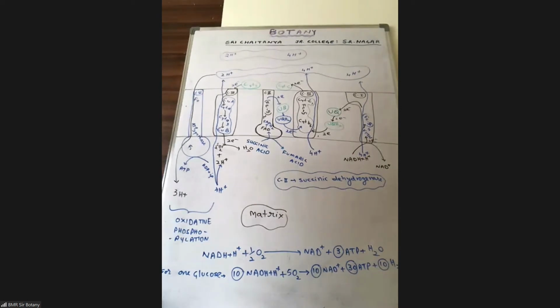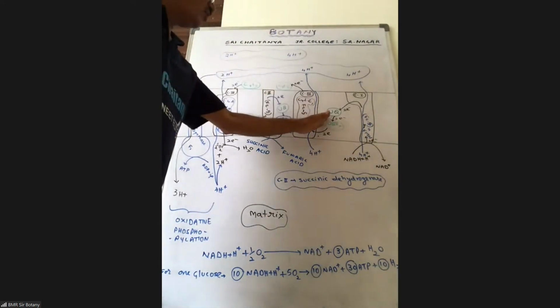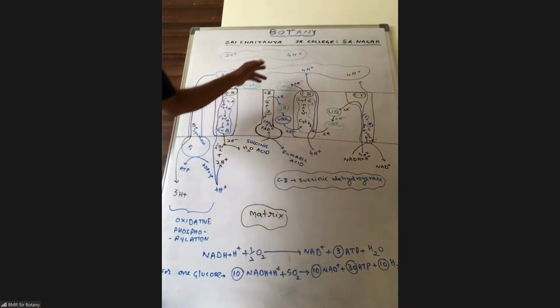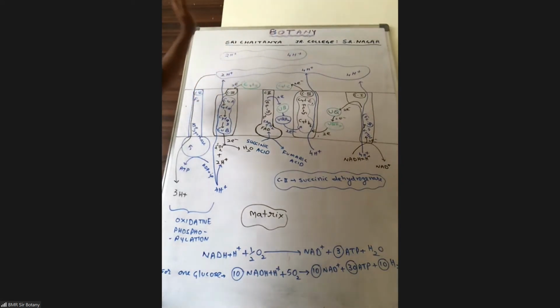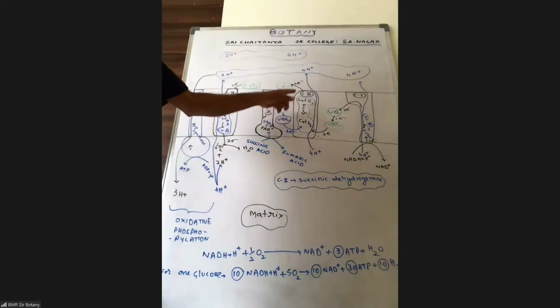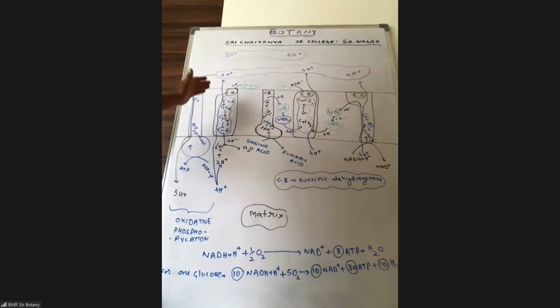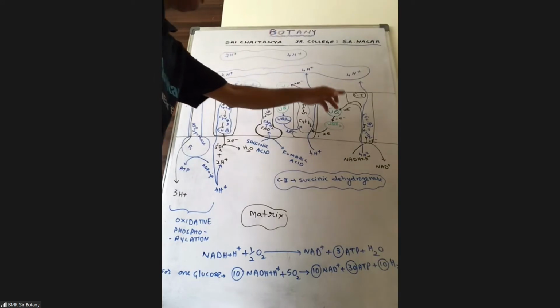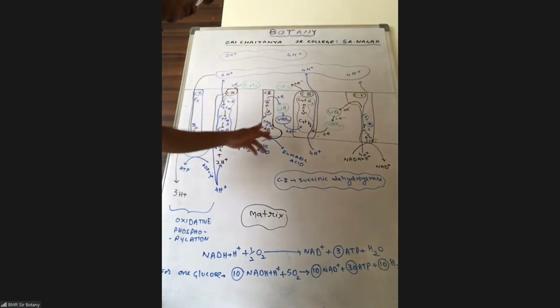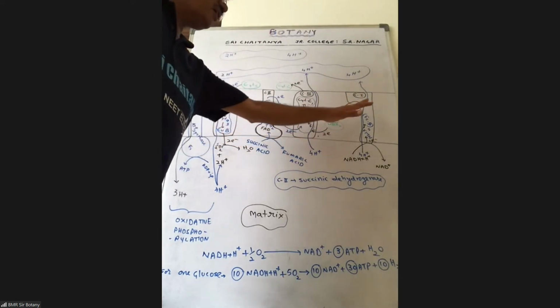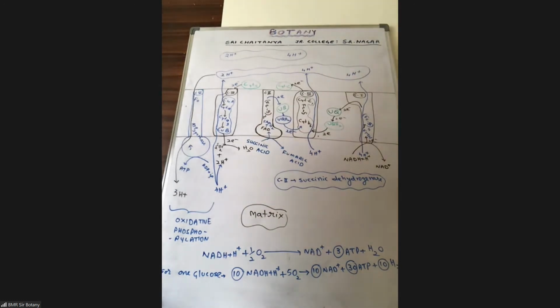If complex 1 is not involved, the rest is the same. You get only 6 protons accumulation. The reason is complex 3 is associated with 4 accumulation, complex 4 with 2 accumulation, and complex 1 with 4 more. But if it is FADH2, complex 1 is not related to that, so you get only 6 protons.